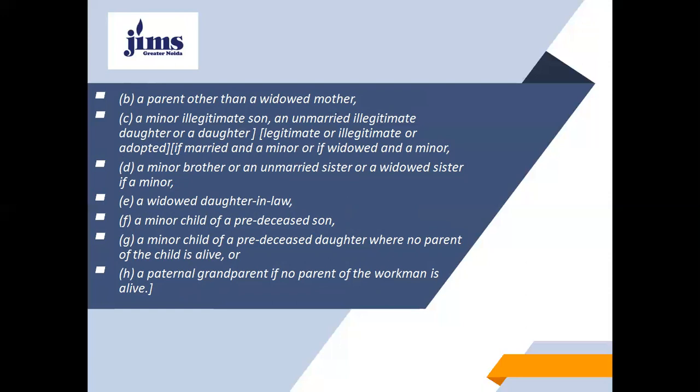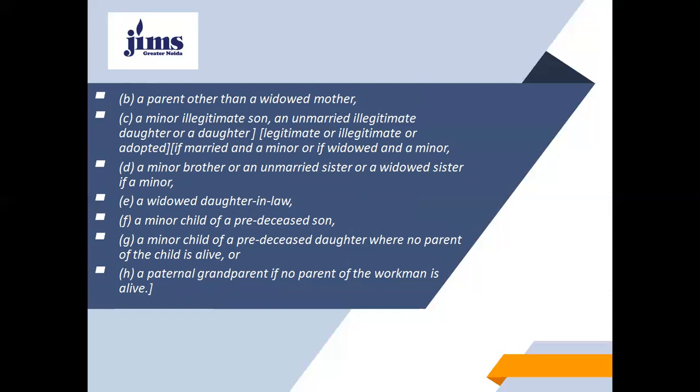I repeat this, given under clause G: a minor child of a predeceased daughter where no parent of the child is alive, and a paternal grandparent if no parent of the employee is alive. Because if the parent is alive, they can take care of the grandparents.